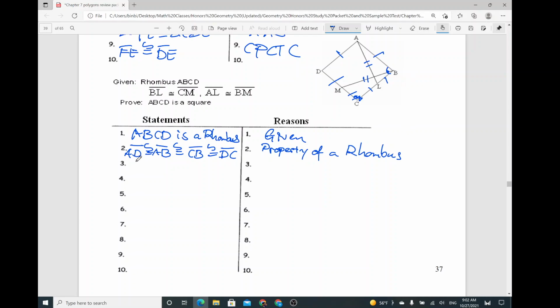So another thing that we can say, BL is congruent to CM, AL is congruent to BM, given.